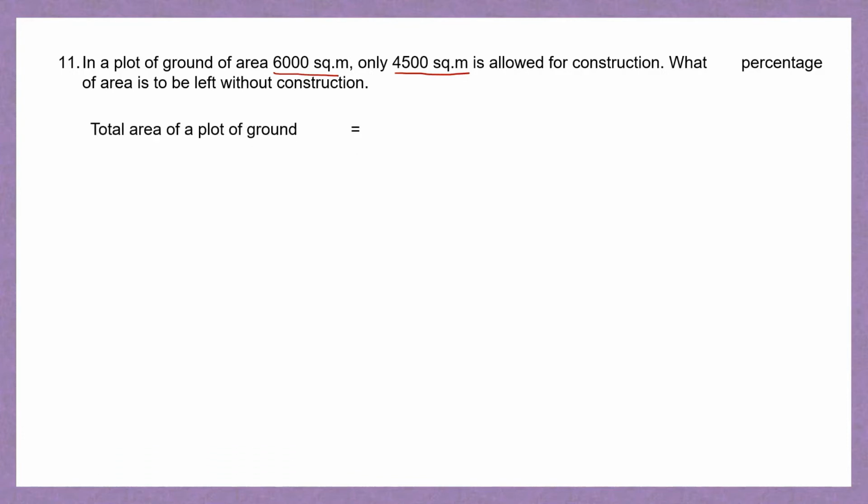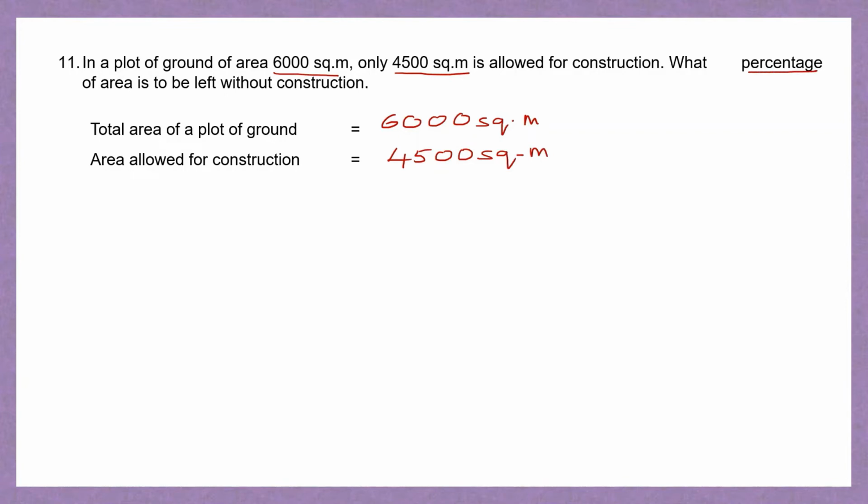Total area of a plot of ground, it's 6,000 square meters. Then in that, what is the area allowed for construction? 4,500 square meters. Now we are asked to find the percentage of area to be left without construction.